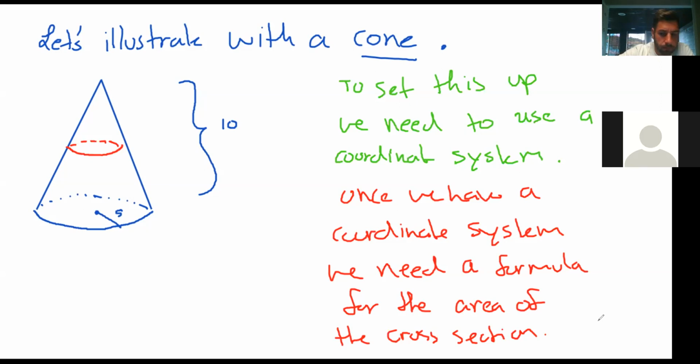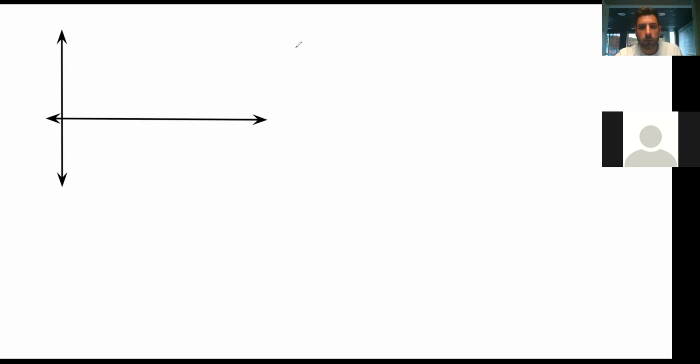So I want to take an XY axis, and I want to turn this thing on its side. If I turn it on its side, it looks like this.